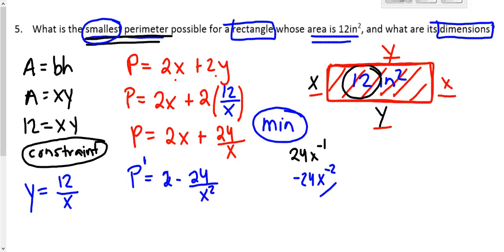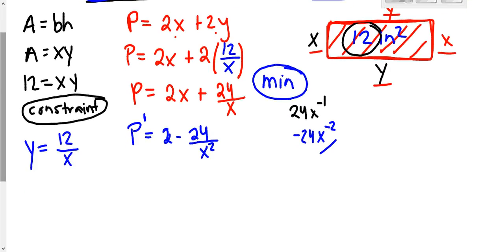There's our derivative. What we need to find are our critical numbers. To do that, we set this equal to 0: 2 minus 24 over x squared equals 0. You can solve this as is, but it's hard because of that x squared, so let's get that out of the denominator.